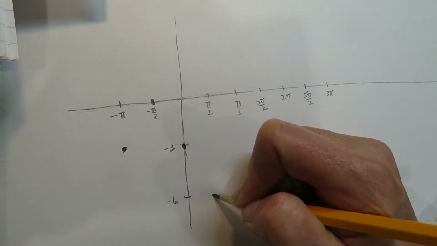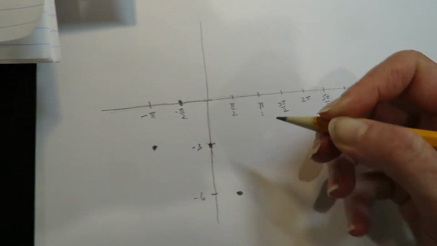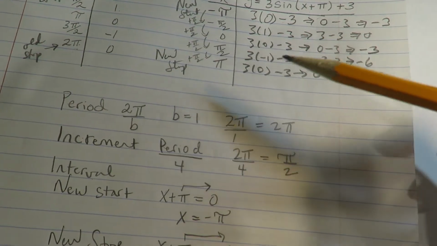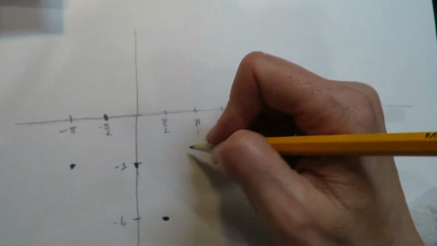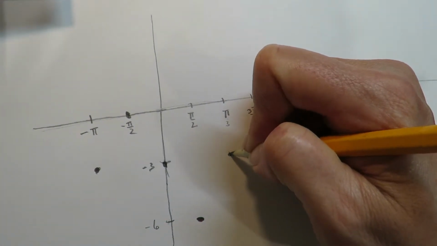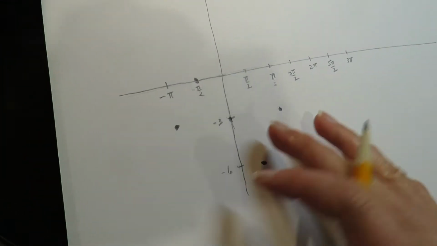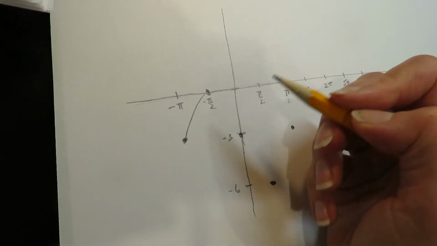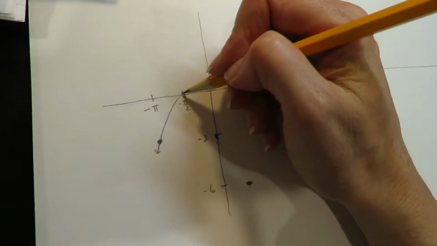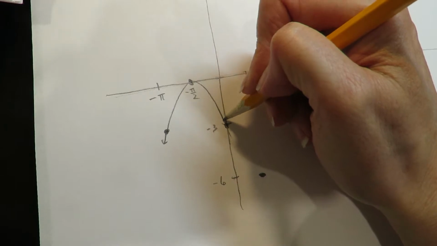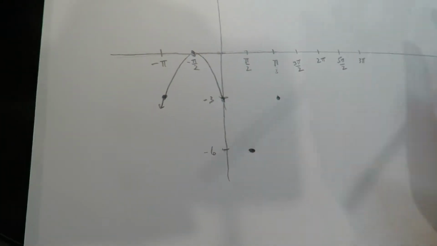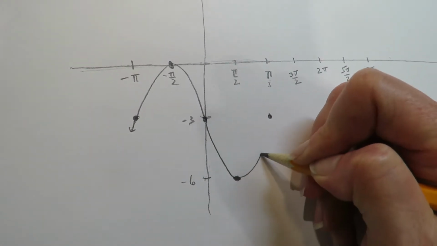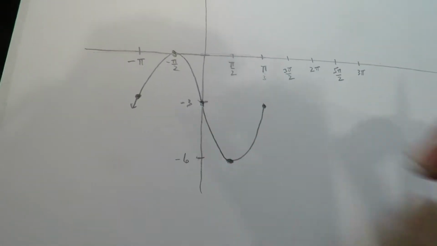So the middle line is actually negative 3. This graph is pushed down 3 units. Where are we now? We're at pi and negative 3. All right, that's here. So I'll draw 1 cycle of this, and then I'll come back and draw another. Make sure you put a little arrow at the end. All right, that's 1 cycle right there.